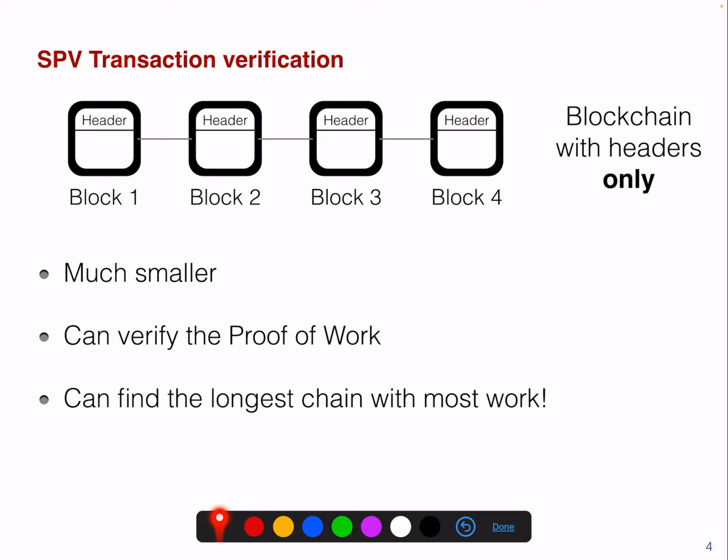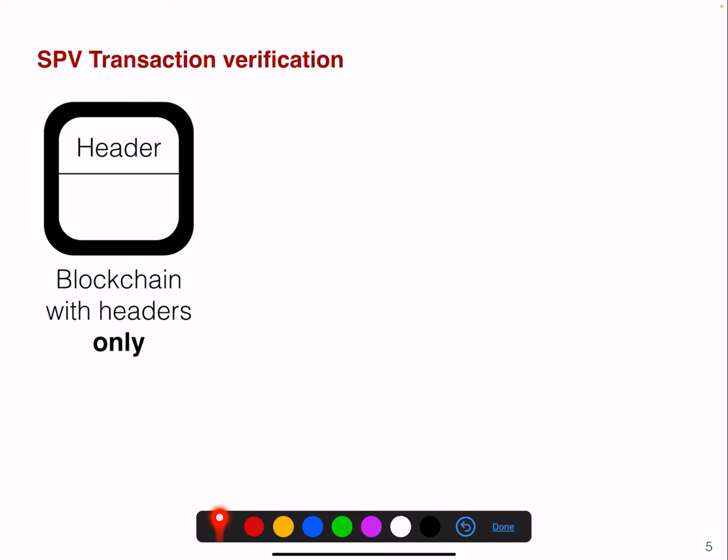But basically, by only having the headers, this lightweight client is quite feasible to be stored on a mobile client. What's also interesting is that we can verify the validity of a transaction within this header. Remember the Merkle tree in the crypto part of the lecture?